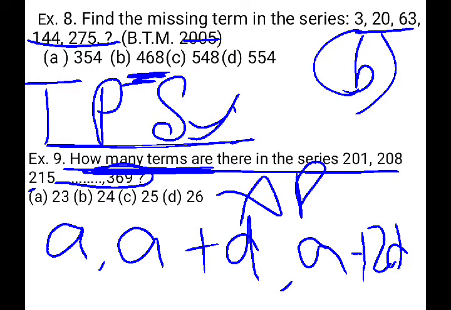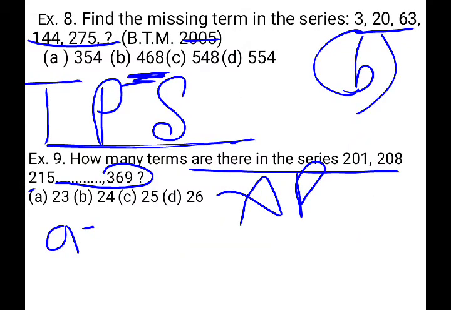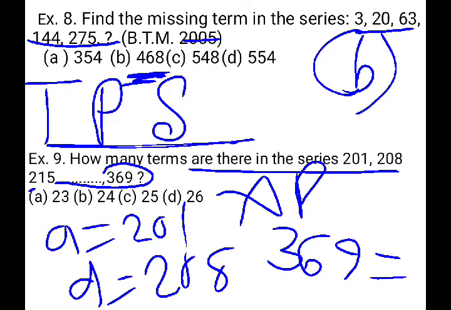Okay, now here A is the first number of the series. Here the first number is 201 and D is the second number in the series minus the first number, that is 208 minus 201, which is 7. So A is 201, D is 7. Now we should write 369 in the form of A plus nD.